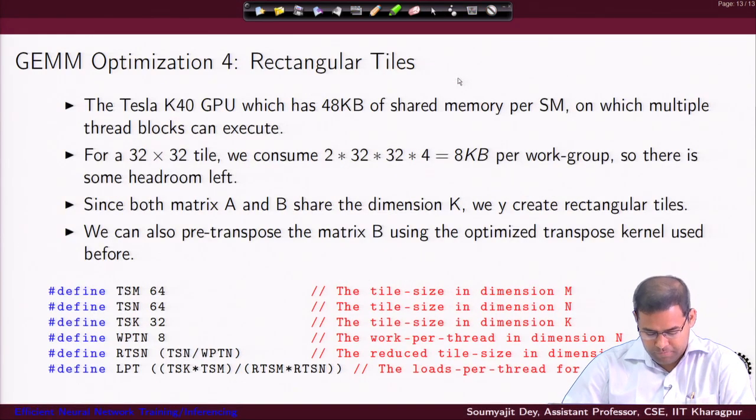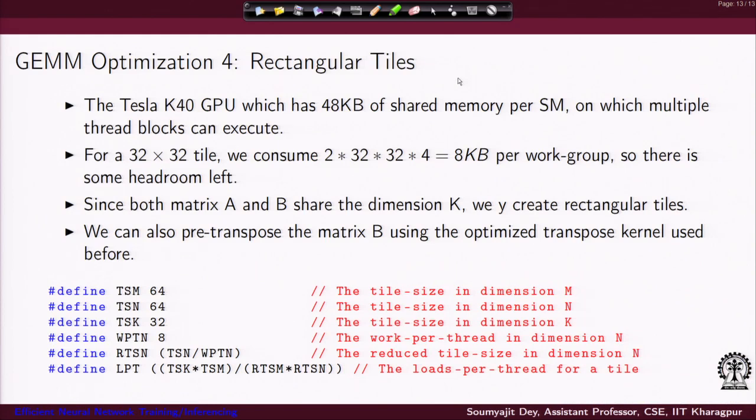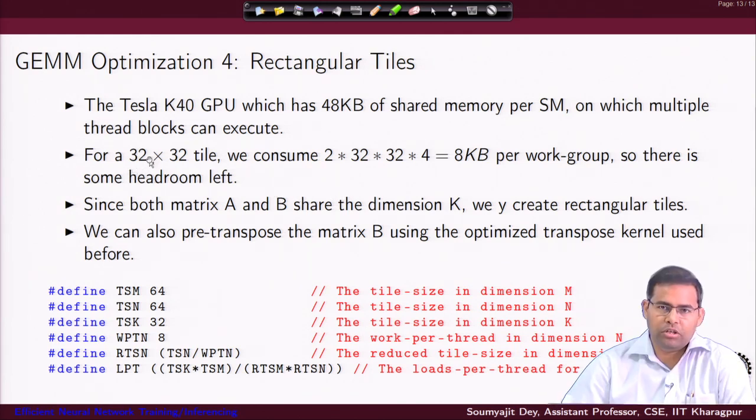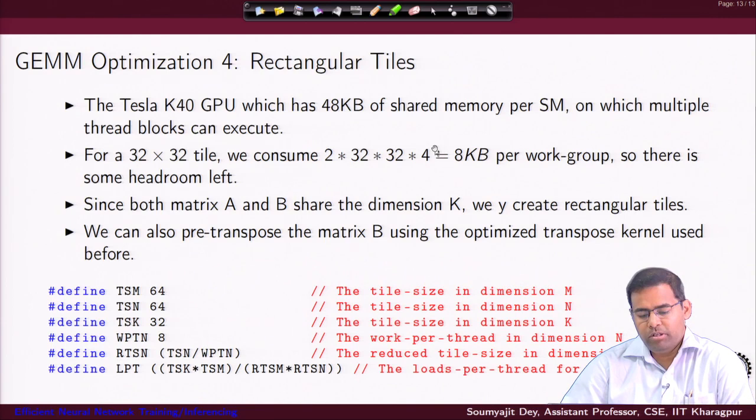Now coming to the next optimization, which is rectangular tiles. So what is this? In our previous examples, earlier also for matrix multiplication, we typically use tiles of size 32 cross 32. Now that requires how much memory? Two shared memories, each of size 32 cross 32.